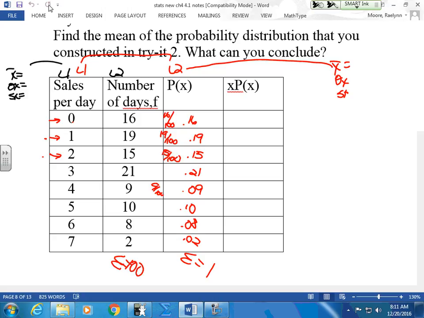Make sure you tell your calculator that you're using a frequency. Otherwise, it doesn't know that.